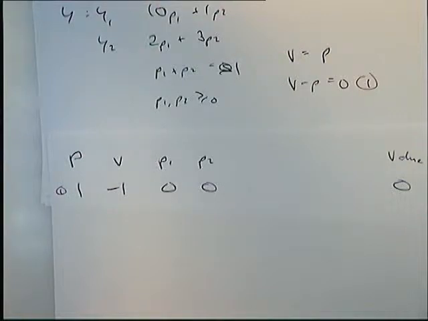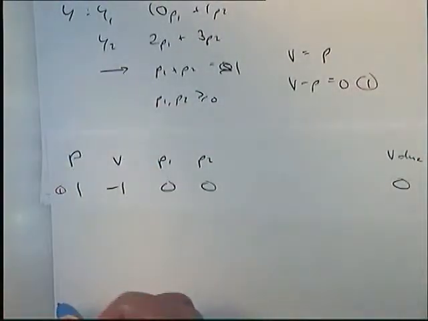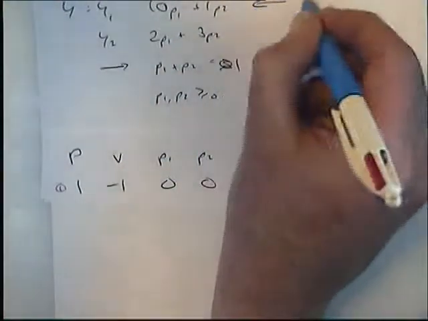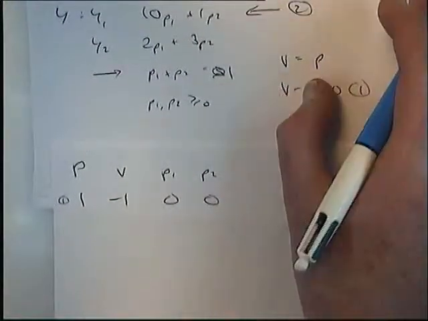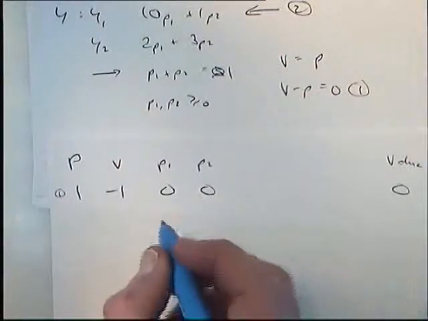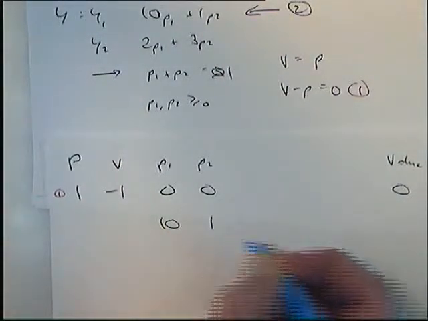Line 2 comes from, well, they've done a different way this time. Line 2, if you use that constraint there, they've used for line 2 this time. That constraint up the top there, that is a 10 going in here, and a 1 going in there.